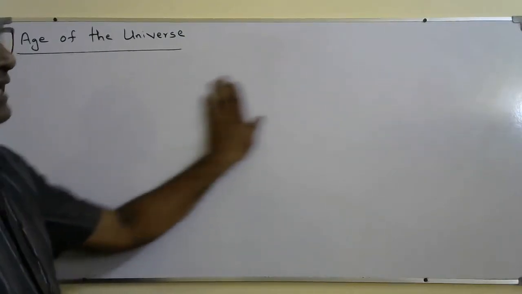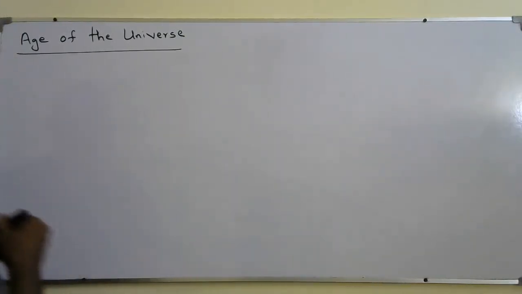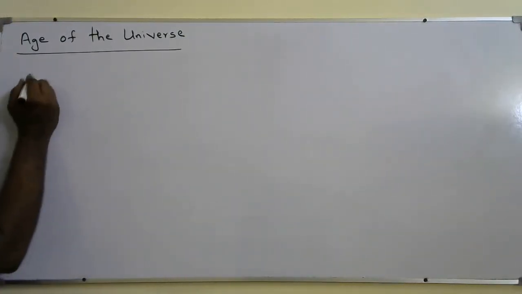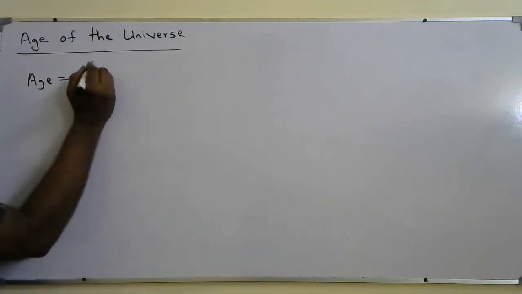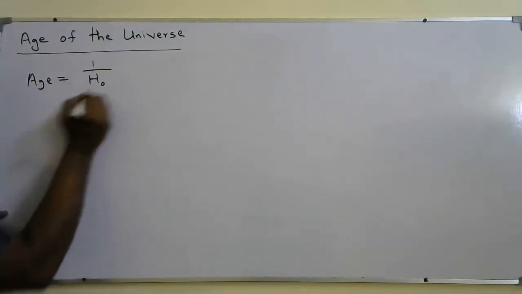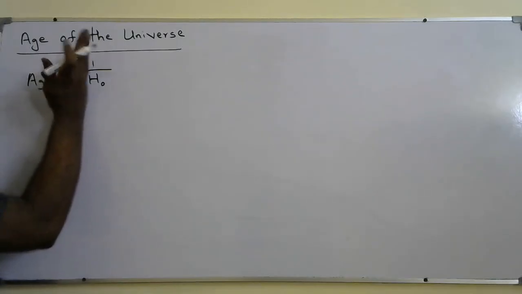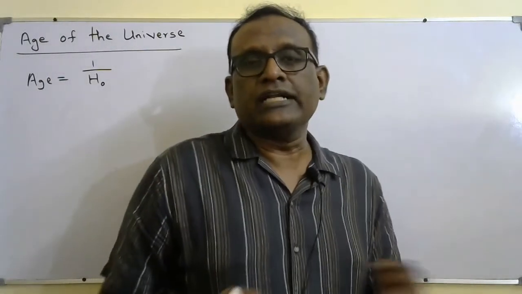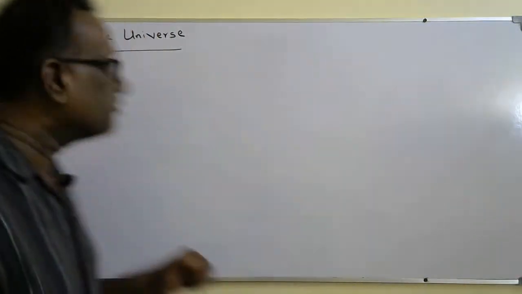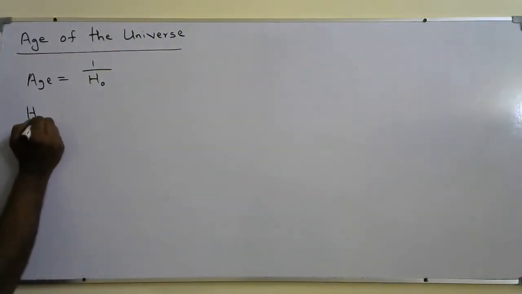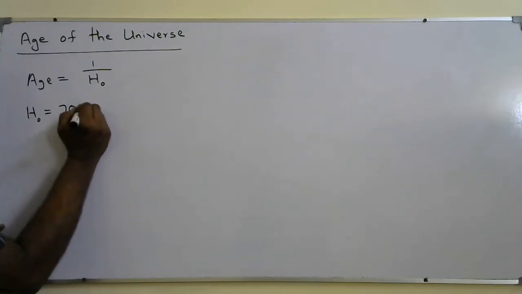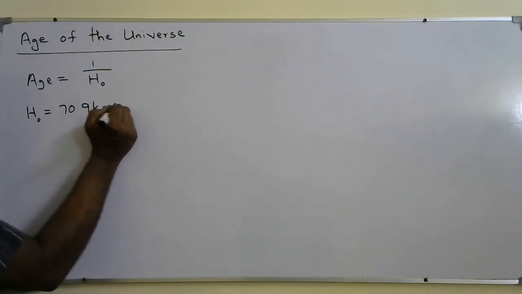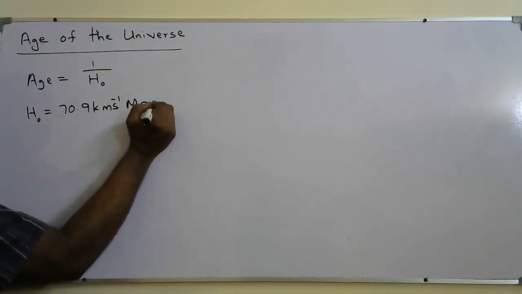Okay, you should be able to get that expression: age equals 1 over H naught. So first I should convert H naught to a normal unit rather than megaparsec. H naught is equal to 70.9 kilometer per second per megaparsec.